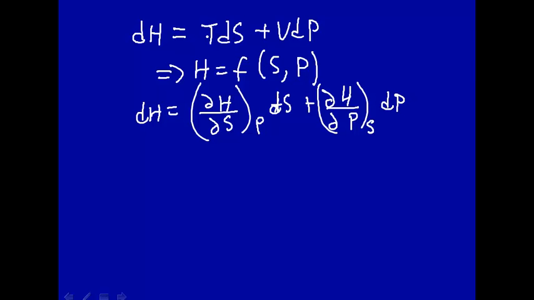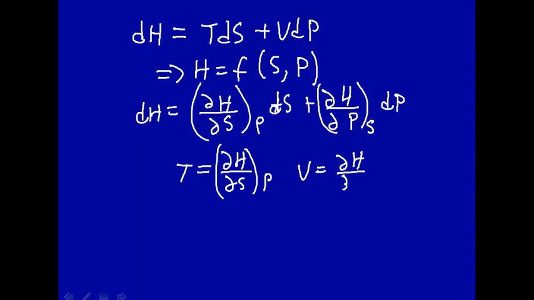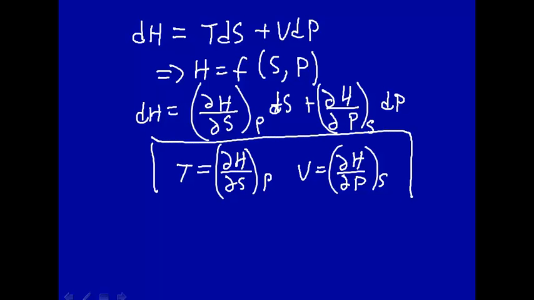Well, look at that, T and V. So T, the definition of temperature, is how H changes with S at constant P, and V is how H changes with pressure at constant entropy. Again, PV and TS. So that's an interesting relation. It just gives a new meaning to volume and temperature.